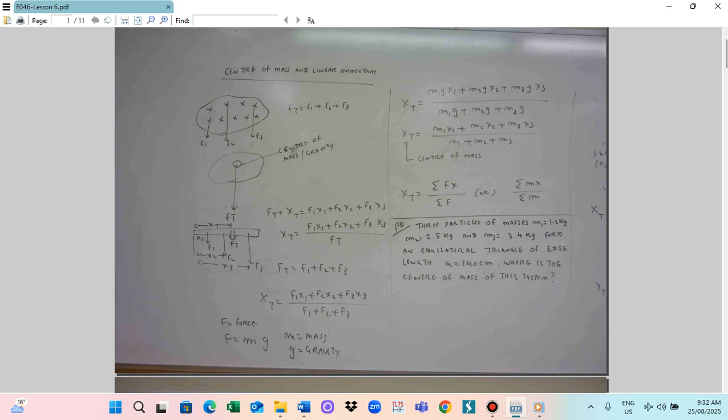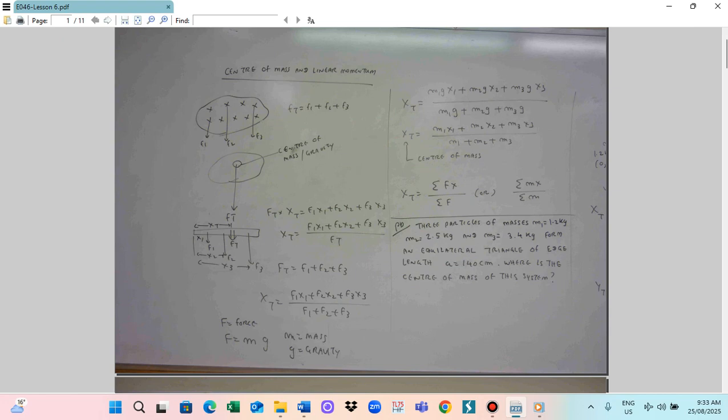It can be calculated as HT equals F1 H1 plus F2 H2 plus F3 H3 divided by F1 plus F2 plus F3, or m1 H1 plus m2 H2 plus m3 H3 divided by m1 plus m2 plus m3. Therefore we can calculate HT as the summation of F H divided by the summation of F, or the summation of m H divided by the summation of m. That's the way we calculate the center of mass or center of gravity.